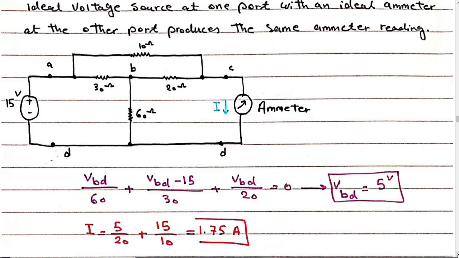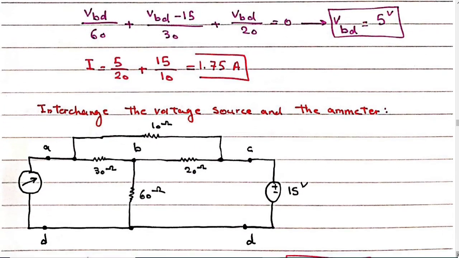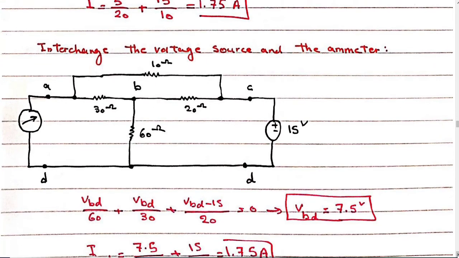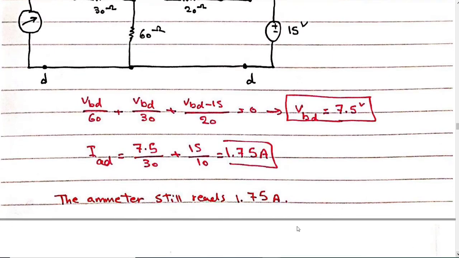Now if you interchange, you put the ammeter over here and the voltage source over here, and you calculate the current in this branch. Again, the ammeter reads 1.75 amps. So you can say this two-port circuit is reciprocal.